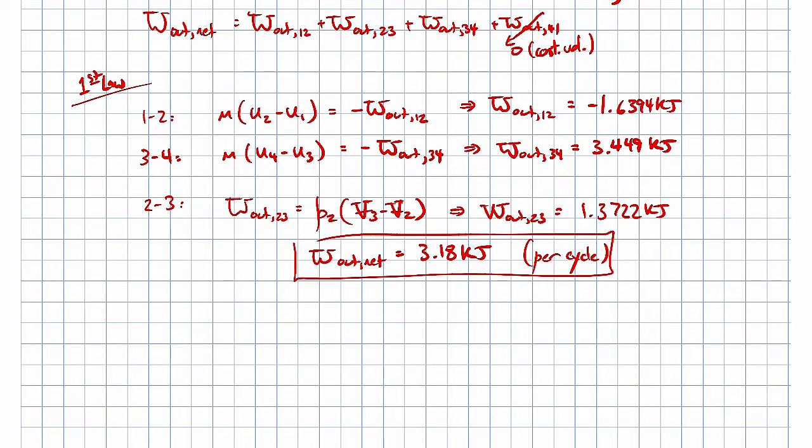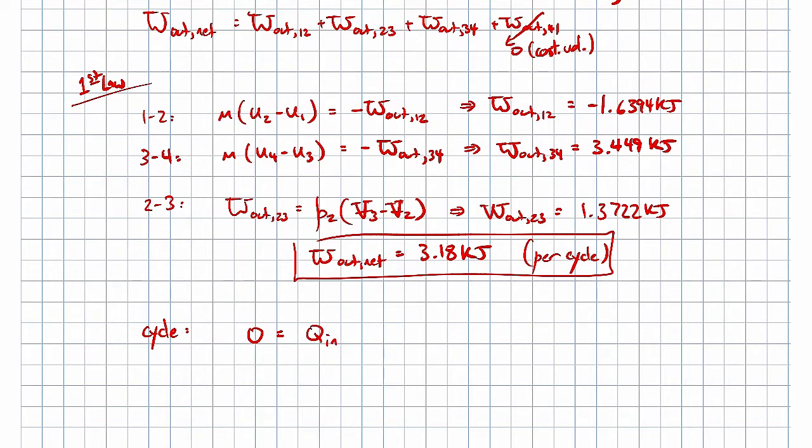Now there's a different way we could find this net work out, and that is we could apply the first law over the whole cycle. If you apply the first law to the air over the whole cycle, the change in the internal energy will be 0 because it's a property, and the property doesn't change over the cycle. So on the left-hand side of the first law, it'll be 0. On the right-hand side, you'll have the heat transfers coming in.